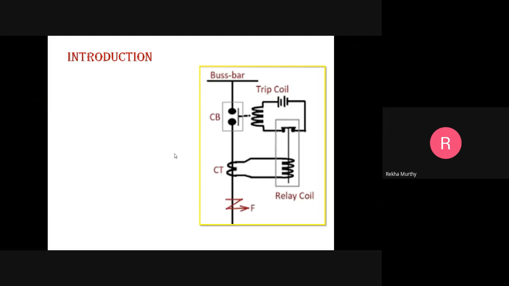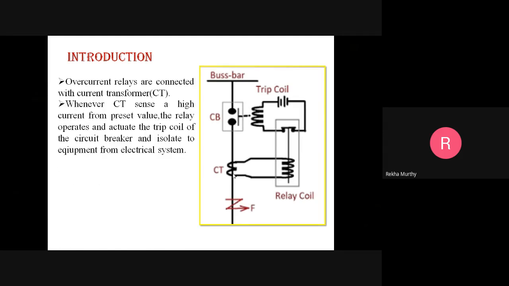The scheme which we incorporate with the overcurrent relay for the protection of this element of a power system is known as the overcurrent protection scheme. This scheme includes one or more overcurrent relays. Now look at this basic diagram. It gives the basic information that overcurrent relays are connected with the current transformers.